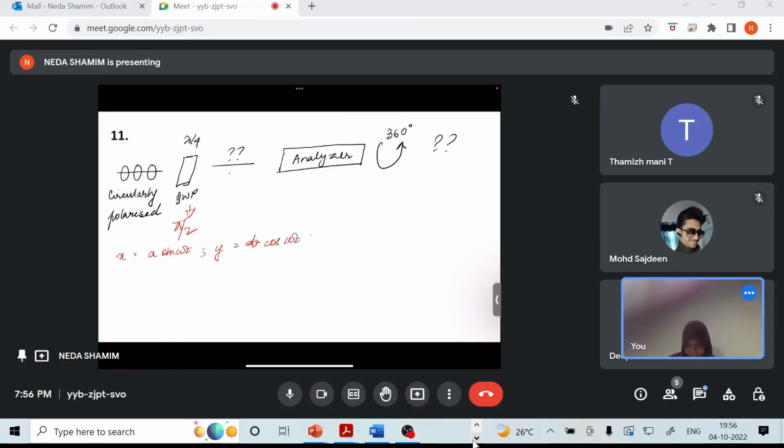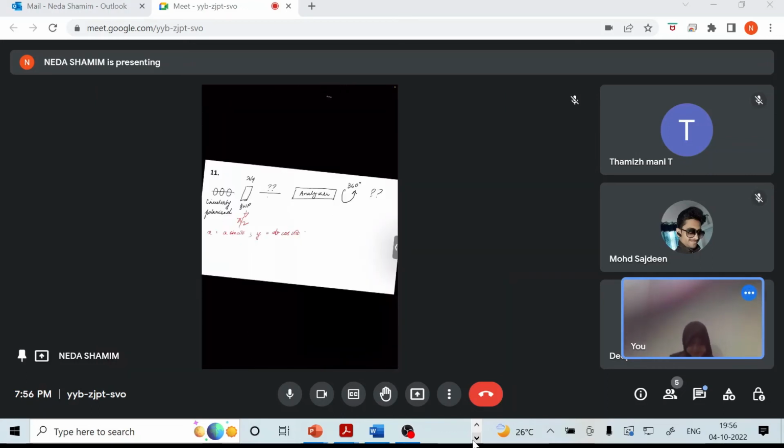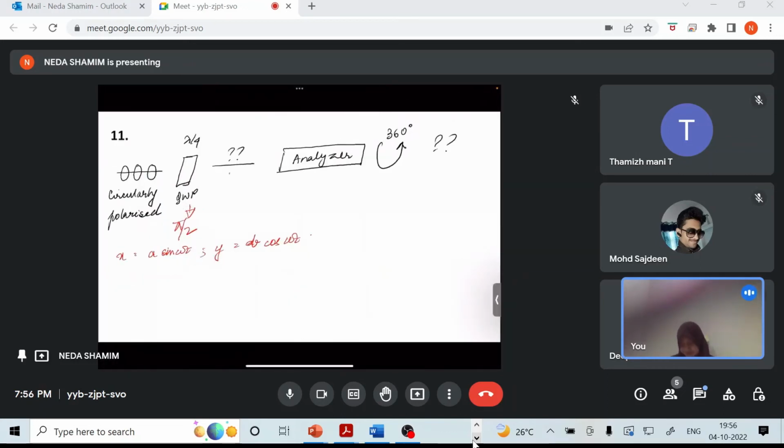Now introduce a phase difference of 90 degree in y: b cos of (omega t plus 90 degree). It's plus 90 degree. So this will become minus b sine of omega t. Am I right? Yeah.